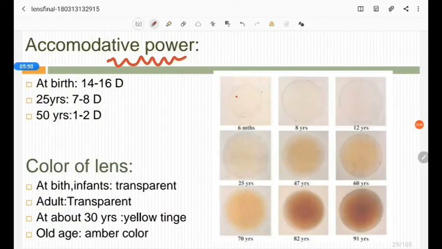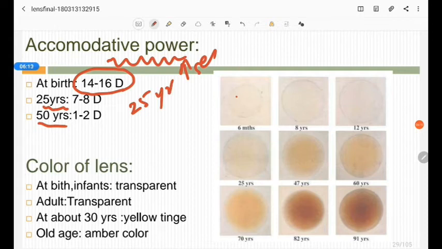So how much is the accommodative power that the eye gets during accommodation? At birth it is very high, around 14 to 16 diopters. And as age increases, the accommodative strength of the eye keeps decreasing. By the age of 25 years, it drops to almost half. From 16, it drops to 8.